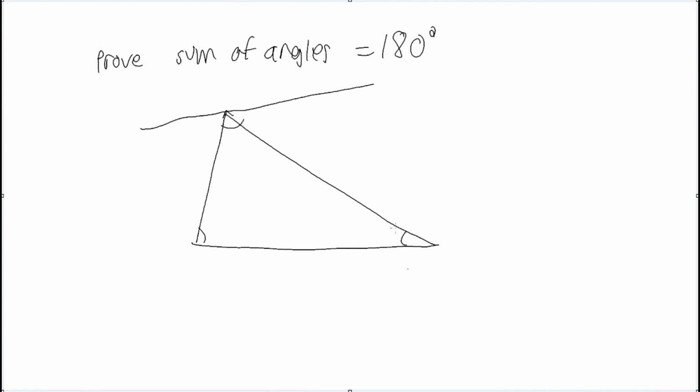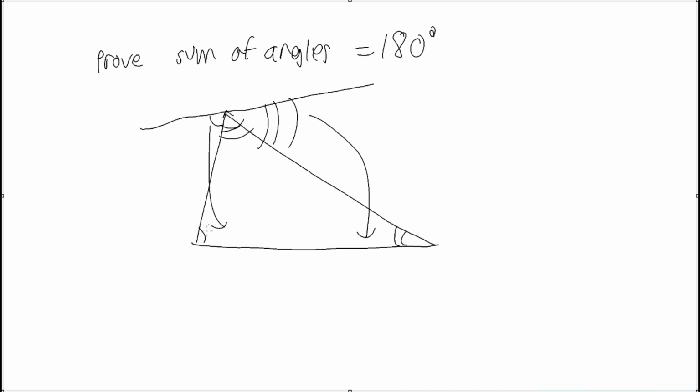So for example, if we have this one here, then this is that angle here, and this is that angle over here. But then we realize that this condition is equivalent to this line being parallel to this side down here. And that means that we can finish the problem.